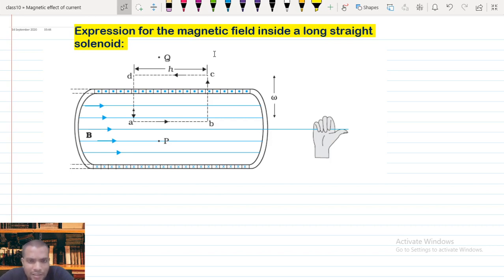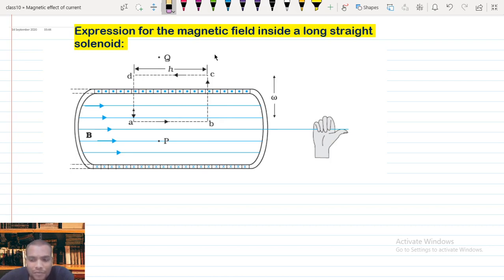Here the coils are not drawn, because if you draw the coil set here, the diagram becomes very messy, so it's better not to draw it. Like this, we represent the corresponding coils and current direction, and from inside we would also need to draw, because these are helical loops, but that presentation is not there.